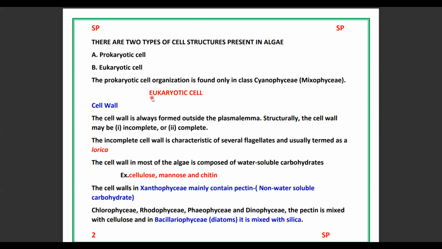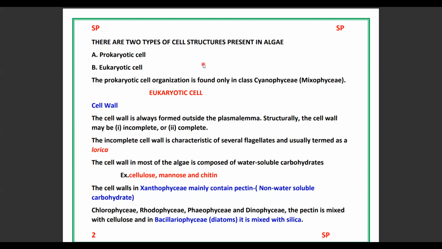In eukaryotic cell, we discuss stepwise. First one is the cell wall. The cell wall is always formed outside the plasma lemma or cell membrane. Structurally, the cell wall may be incomplete or complete.